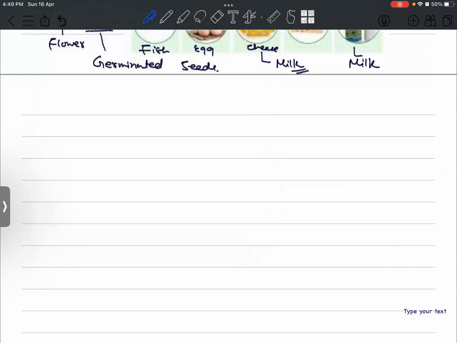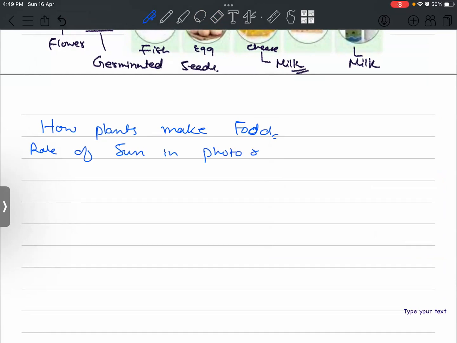Now, how do plants produce their food? How do plants make food, and what is the role of the sun in photosynthesis?